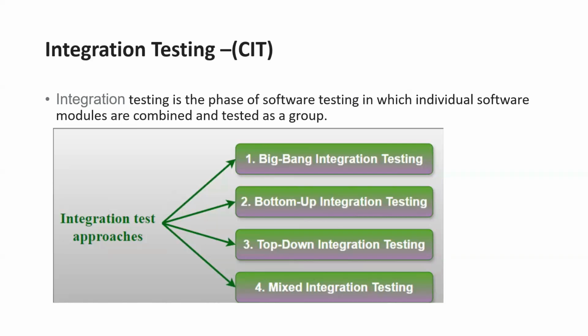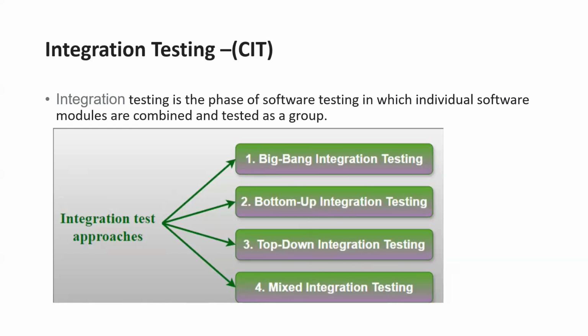The third one is top down integration testing. In this integration testing, testing takes place from top to bottom. First high level modules are tested and then low level modules will be tested. That is called top down integration testing.